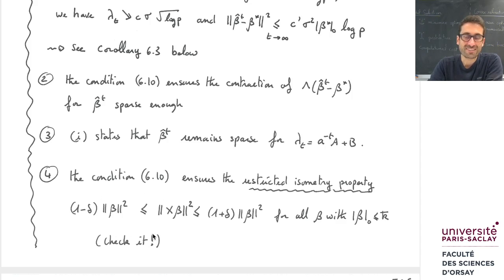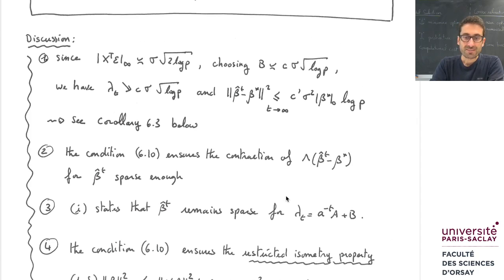You should check it: take your pen and check that this holds. In particular, this is quite a strong condition, since it means that when beta is sparse enough, x essentially behaves like an isometry, so we have some local orthogonality of the columns of x. Local is with respect to the number of columns that we are looking at.